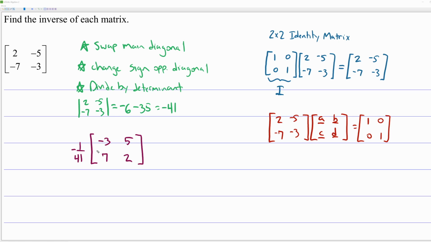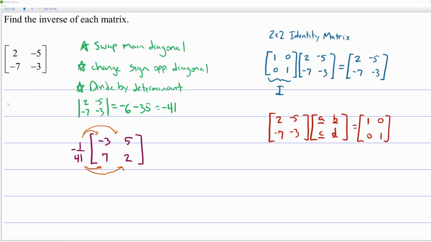If you need to, for some reason, to actually do this scalar multiplication, you can. It looks almost like a distributive property. You can multiply all the numbers by negative 1 over 41. Typically, I'm fine if you leave dividing by the determinant outside as a scalar. It looks a little bit nicer, but it depends on what you're doing. So that's how you find the inverse of a 2 by 2 matrix.